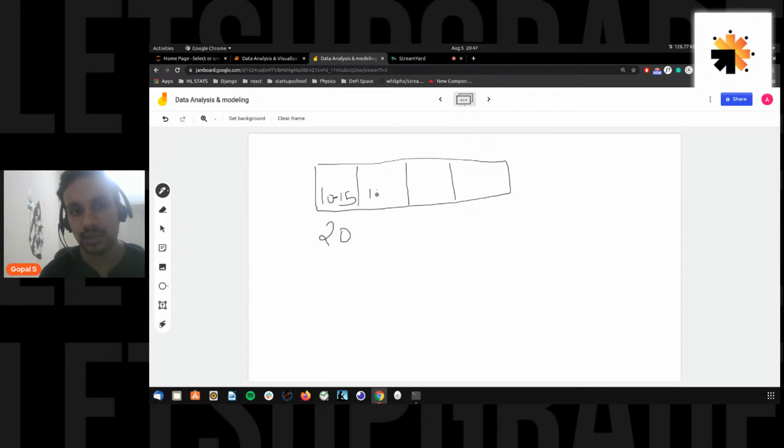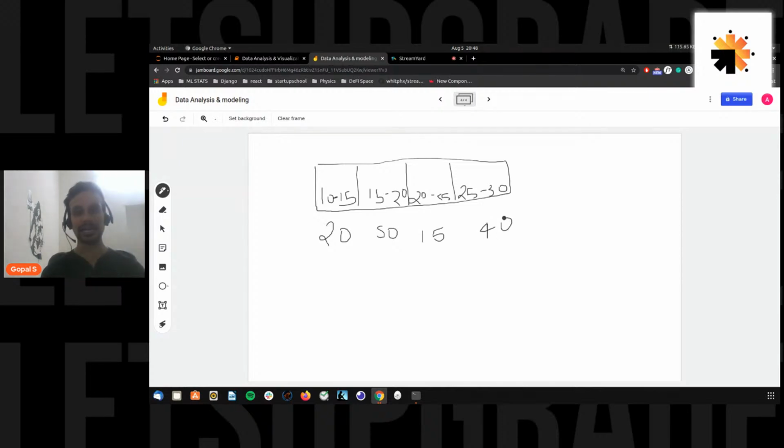This interval has 15 to 20, and this has a value of 50. This interval is 20 to 25, and the value will be, let's say, 15, and this one is 25 to 30, and this is around 40.